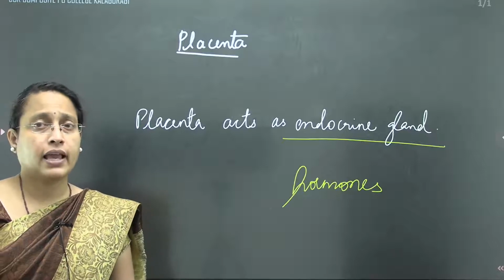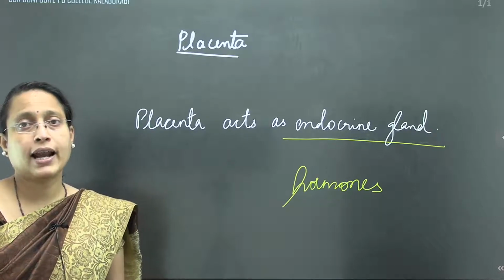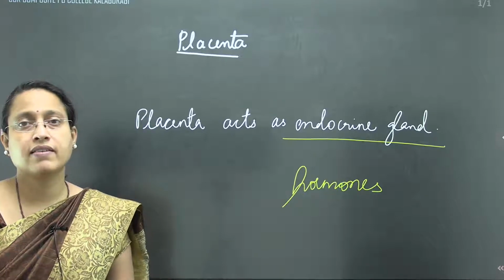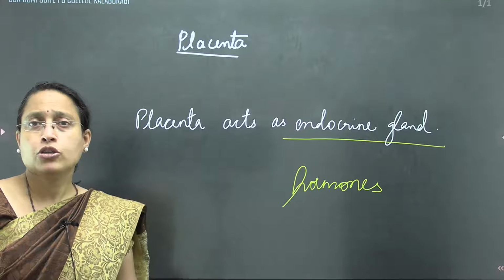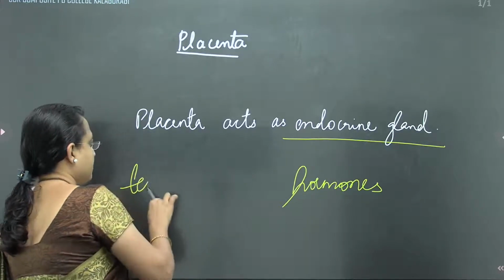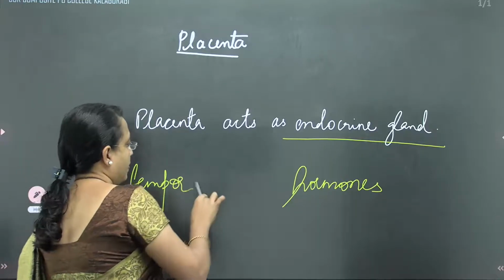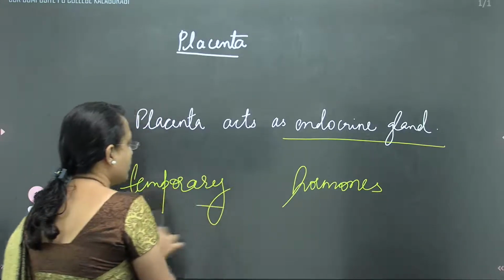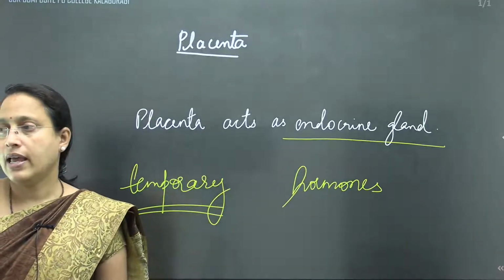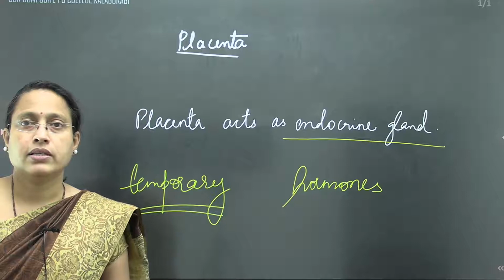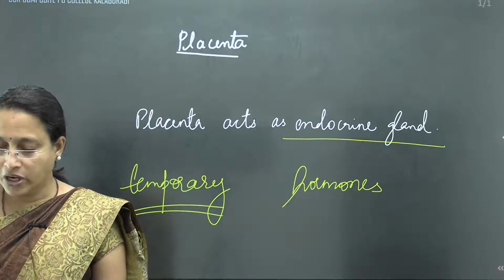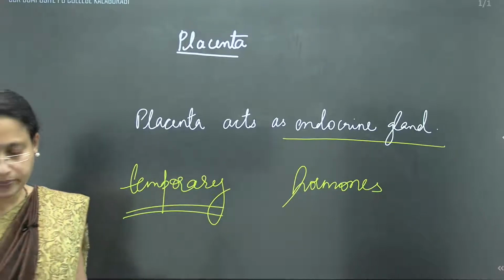Now, one question is whether it is a temporary endocrine gland or a permanent endocrine gland. As I already said, the placenta itself is a temporary structure, so it will also be a temporary endocrine gland having an ability to secrete hormones.